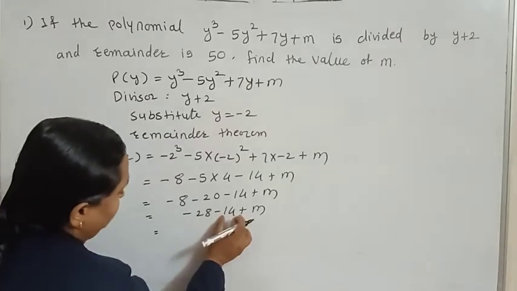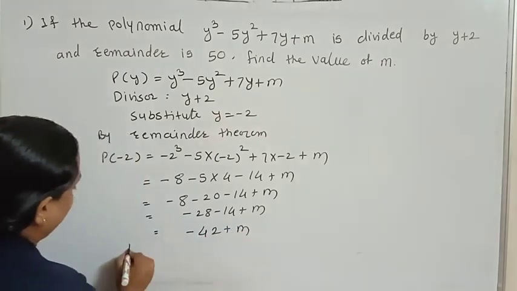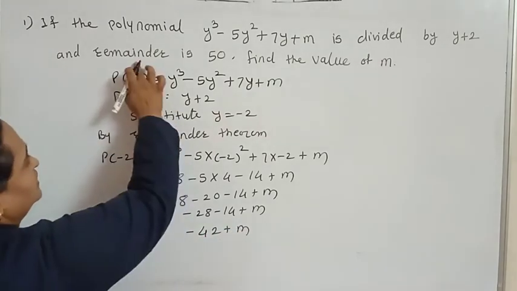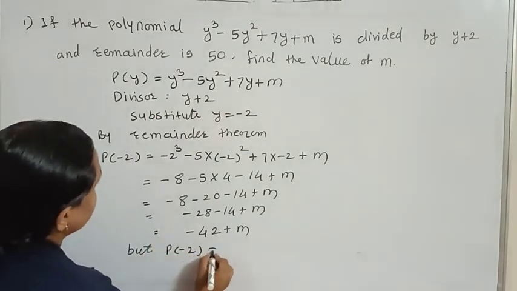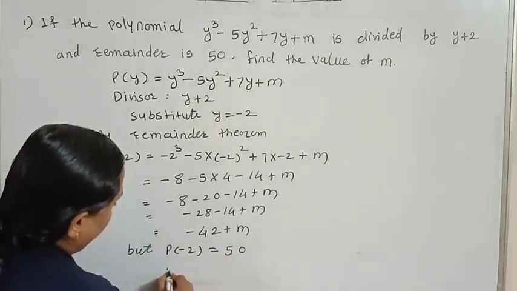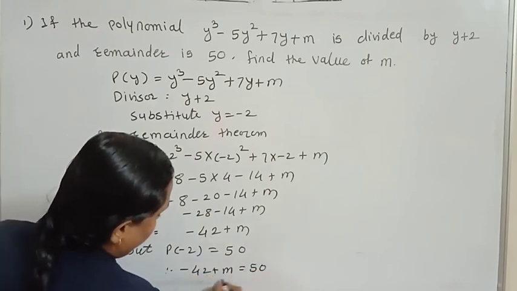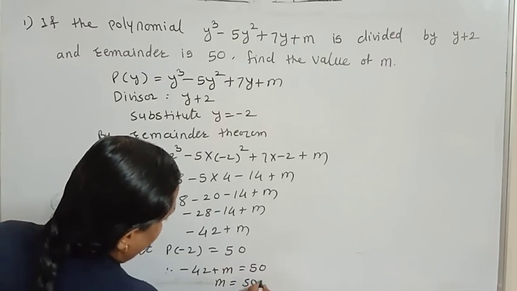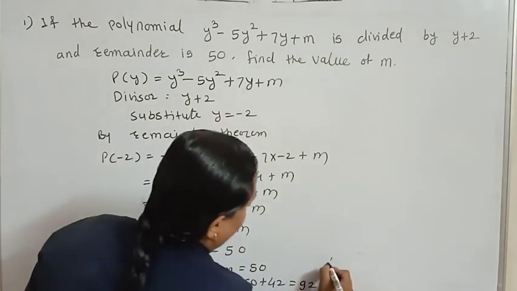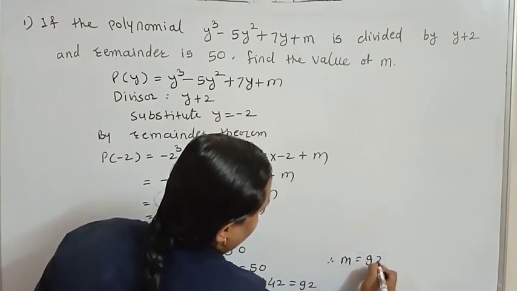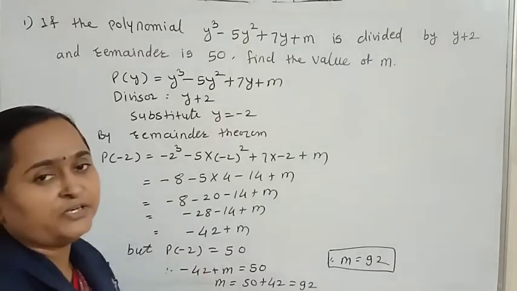Minus 28 minus 14 will be minus 42 plus m. But it is given in the example that the remainder is 50 and this is also the remainder. So p of minus 2 is equal to 50. Therefore, minus 42 plus m is equal to 50. M is equal to 50 plus 42, which is 92. Therefore, m is equal to 92. Now, in this way, you will get the value of m.